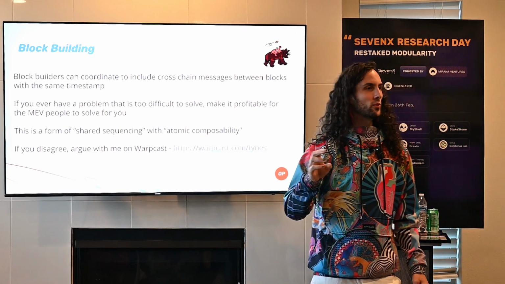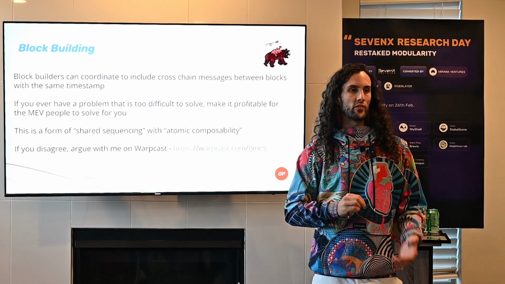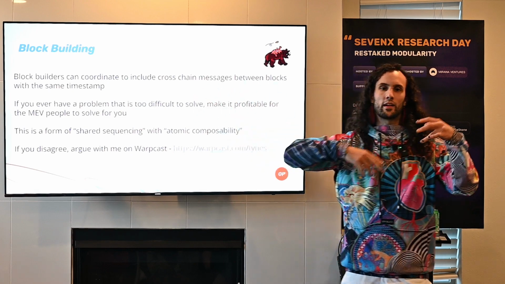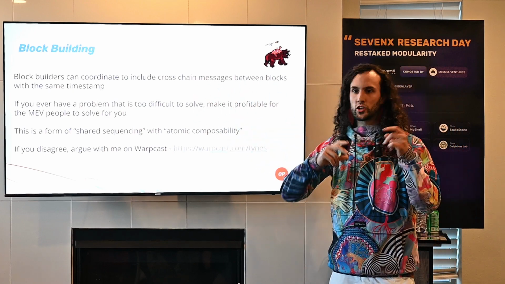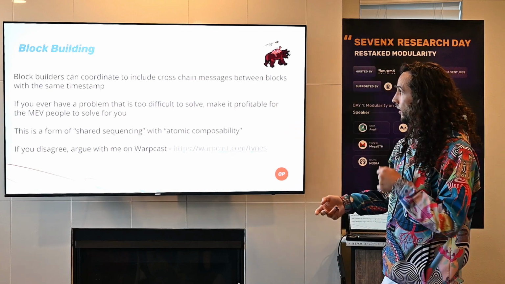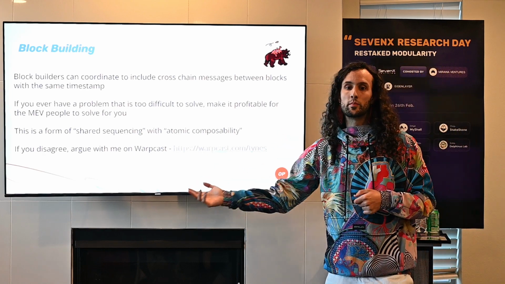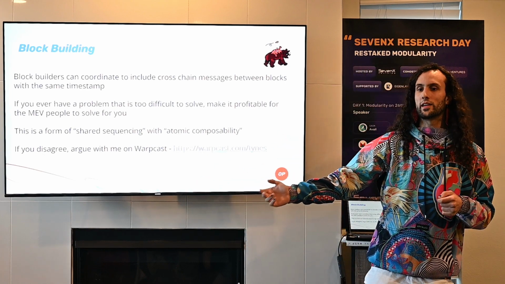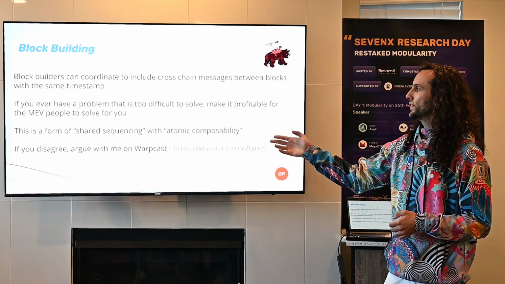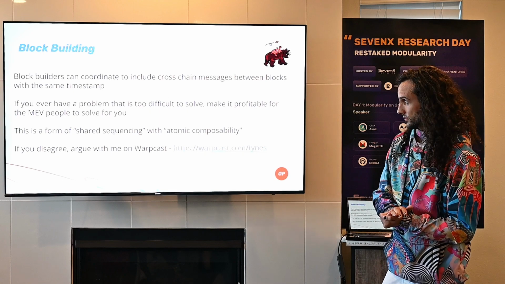Because the MEV people are competing with each other, right? So if this is a very difficult problem, like some crazy knapsack, aligning transactions between multiple chains, the MEV people are trying to make money, so make them compete to improve your protocol, right? So that's basically what this scheme is going for, right?